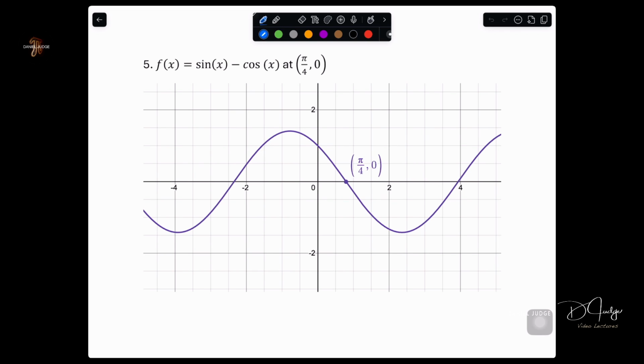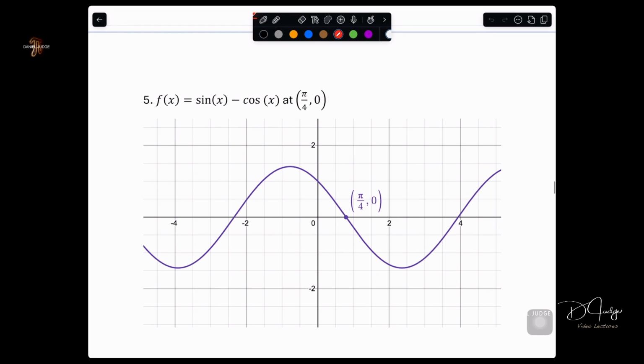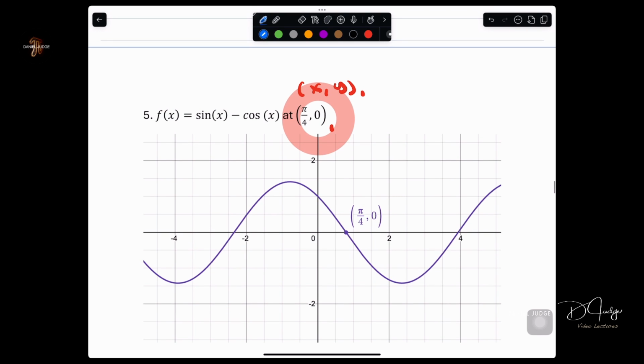So this is finding the equation of the line tangent to the curve at the indicated point here, where this is the one and only point they gave you. You got your x coordinate, y coordinate of that one and only point. So we have y minus y1 is m tangent times x minus x1.